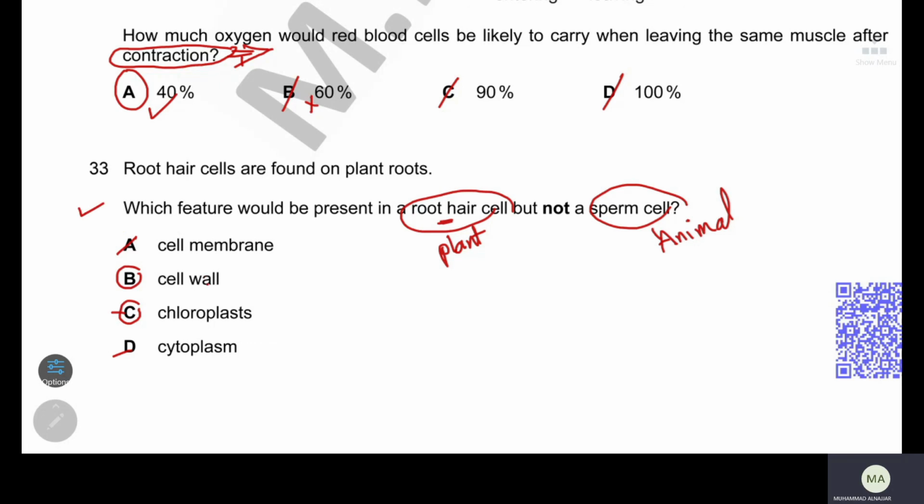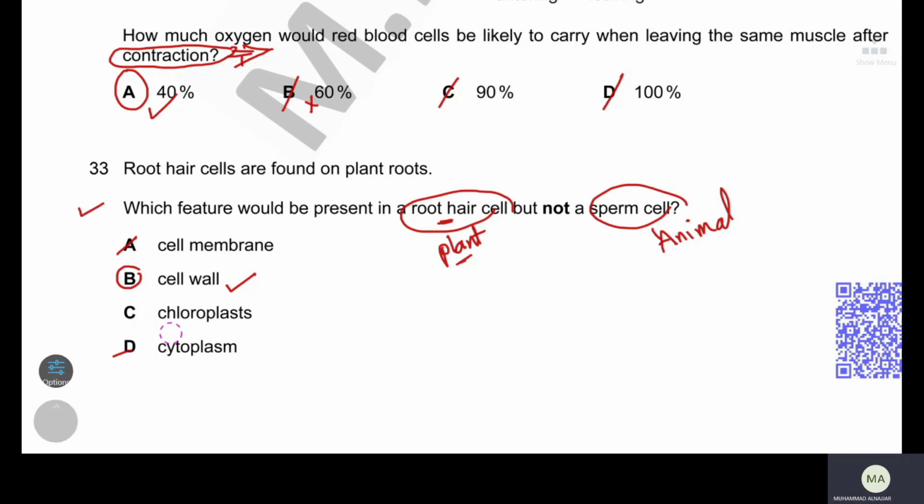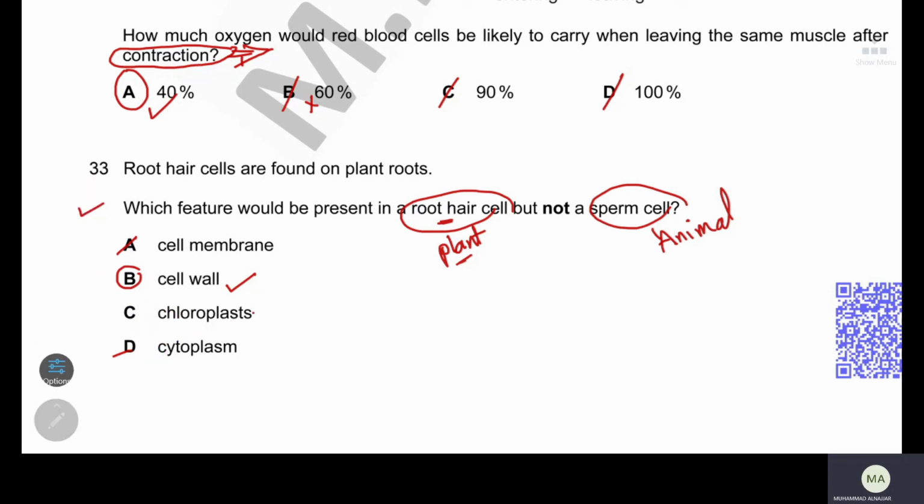Why? Because the cell wall is present in the root hair cells that are plant cells. Oh yeah, that's good. I mixed it up. There is only one correct answer, which is C. Why? Because the chloroplasts are not found in the roots. Chloroplast not in plant roots.